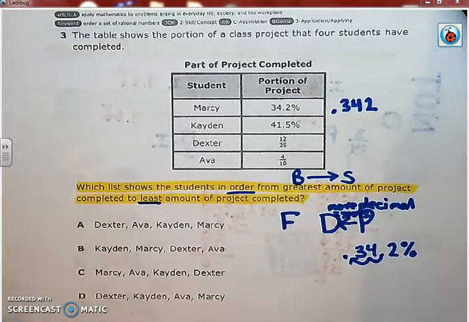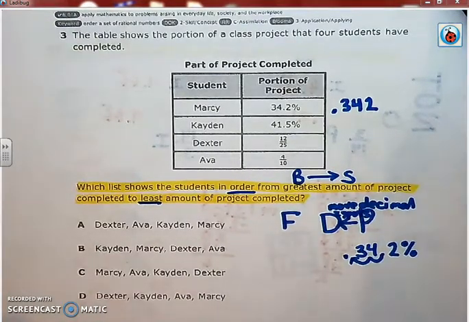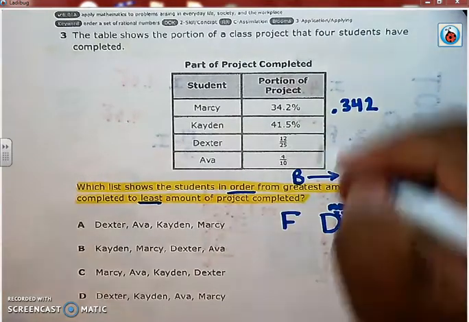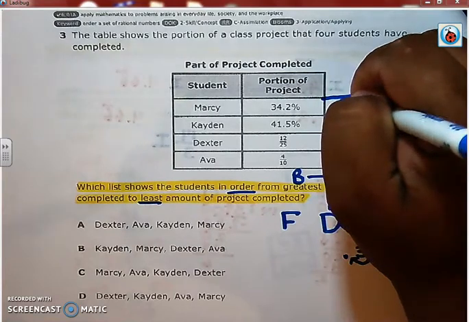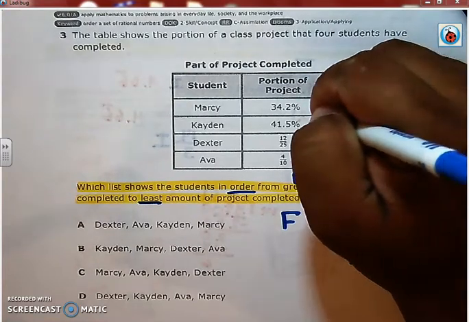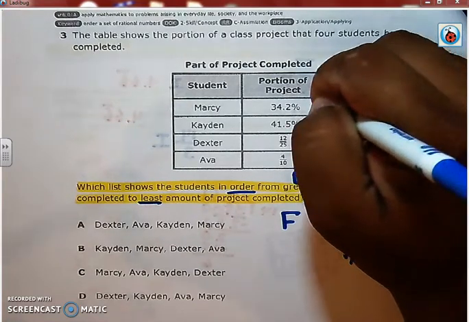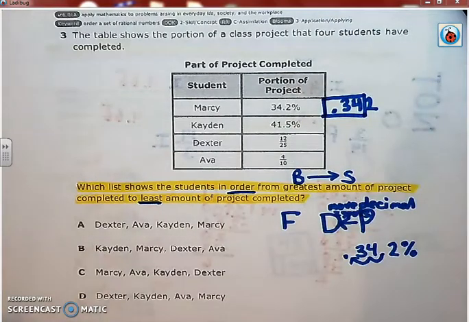Now, I don't just want to get rid of the 2, but I do want to start looking at my answers like money. So I'm going to box in what my money answer would be, which would be 34 cents for Marcy. 34 cents. The 2 would be on the outside.